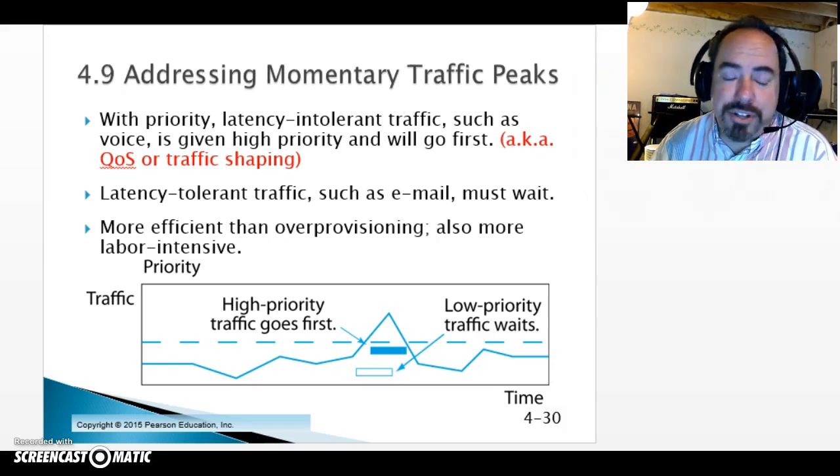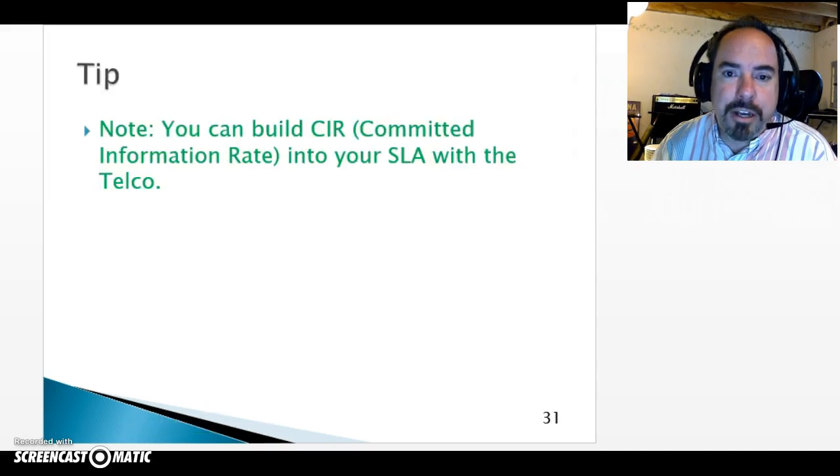Email does not need nearly as high priority. BitTorrent shouldn't have any priority at all. In fact, it should be blocked. But if you're going to allow it, make that the lowest priority thing on your network. Same thing with games or Facebook or social media that you might assign a lower priority to. So that's what traffic shaping is all about.